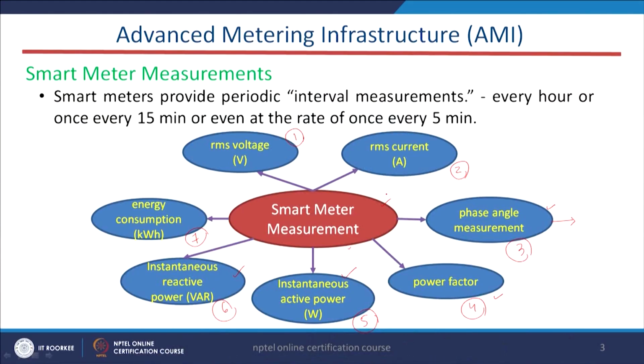So, the extra parts we get here, the RMS voltage, current, phase angle, power factor, instantaneous active power and reactive power, are fundamental or derived quantities we can use for further actions. That is the very important benefit or advantage of the smart meter. We should encourage customers, train them, and encourage them to use smart meters inside their premises.